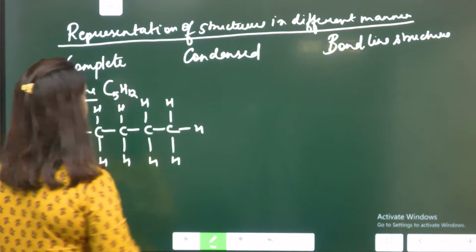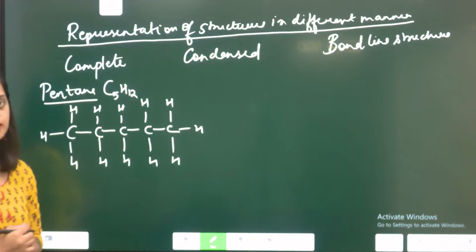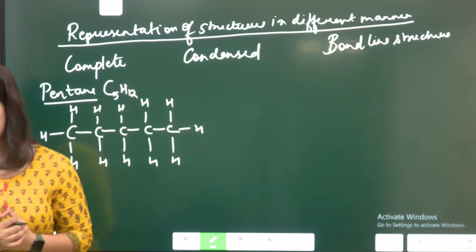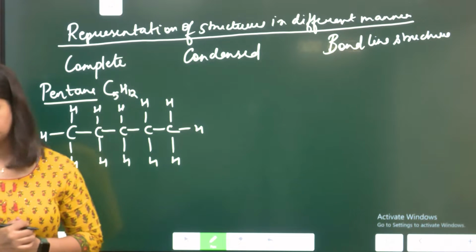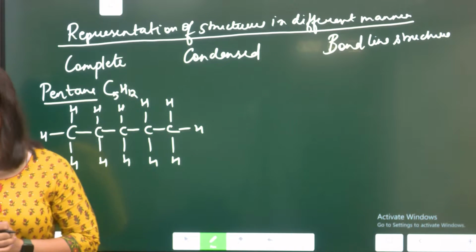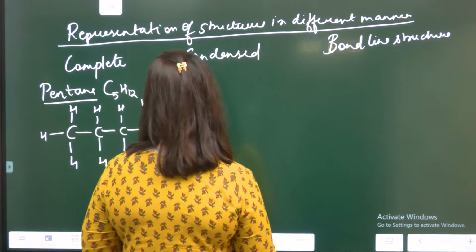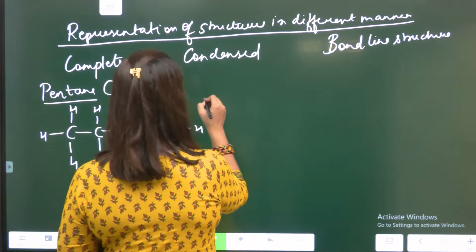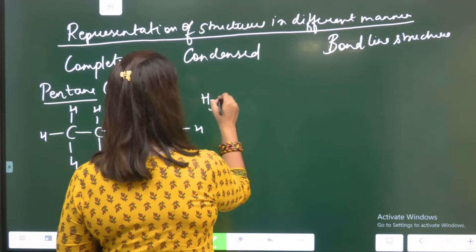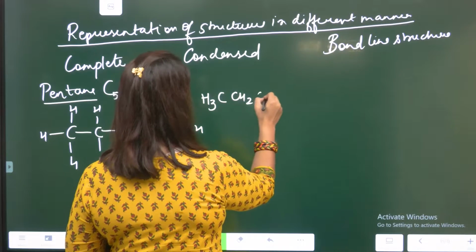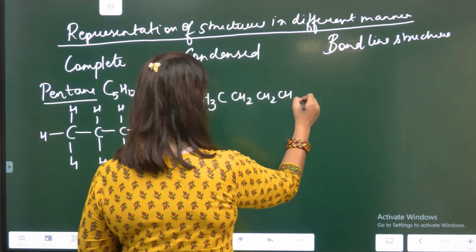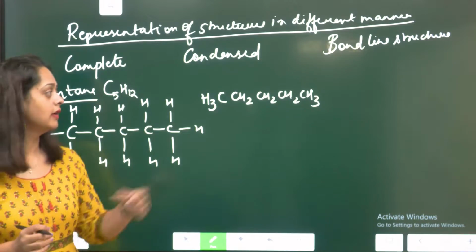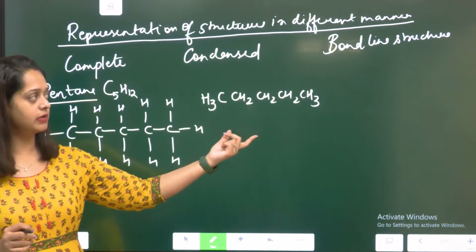This is how the complete representation of structure occurs. But what happens when I try to condense it? Ma'am, an alkane chain is considered as a chain only, and the points of the chain are considered as CH3 or carbon. So, in the condensed form, it would be written like this. This is my condensed form with no bond representation in between.